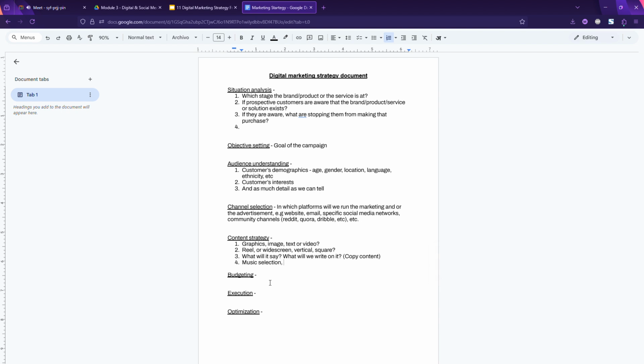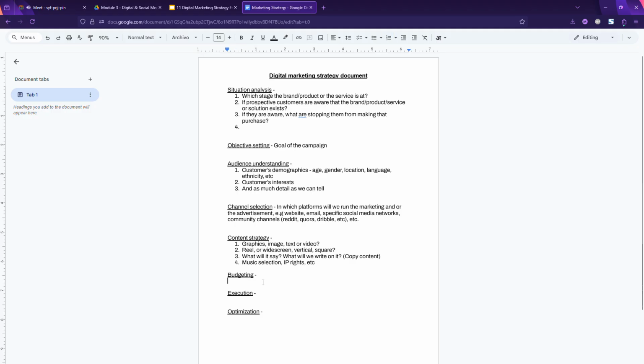It can be for IP rights, because certain mascots might need to be created if it's a big strategy, a big marketing campaign, etc. So depending on the objective setting, which situation we are in, and as it evolves, this list might increase.